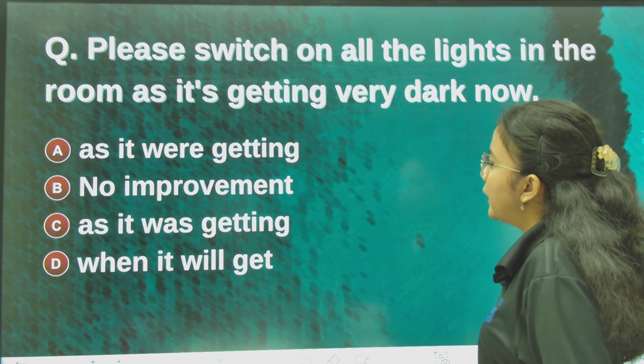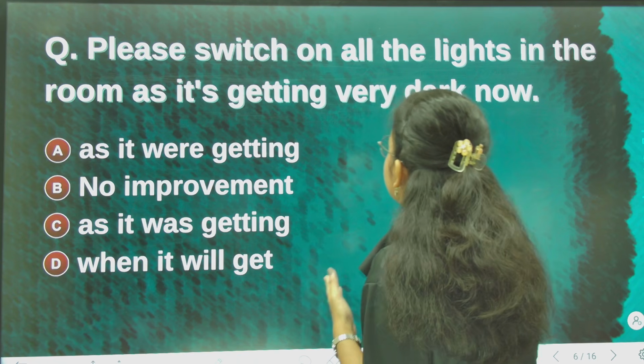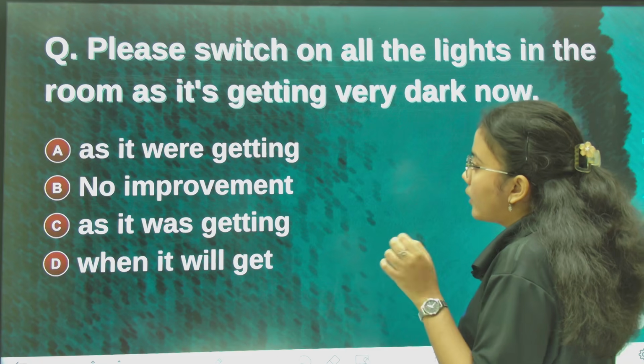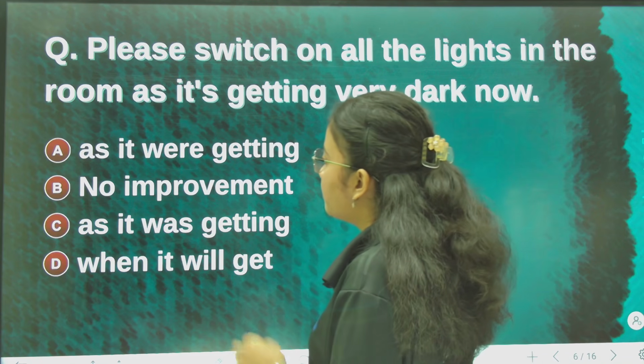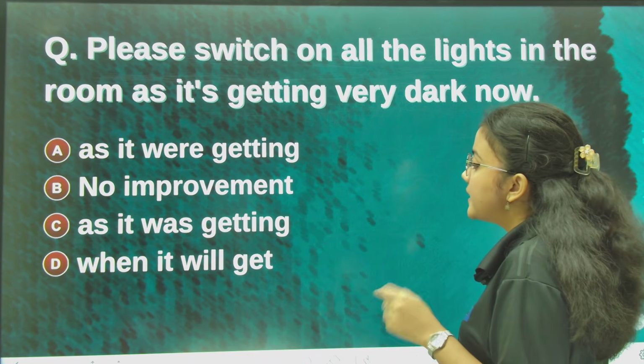Next question: 'Please switch on all the lights in the room as it's getting very dark now.' Option A: as it were getting; B: no improvement; C: as it was getting; D: when it will get.